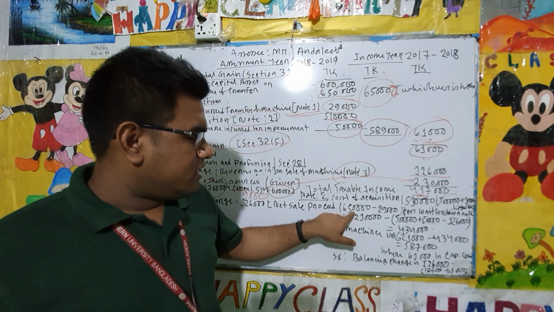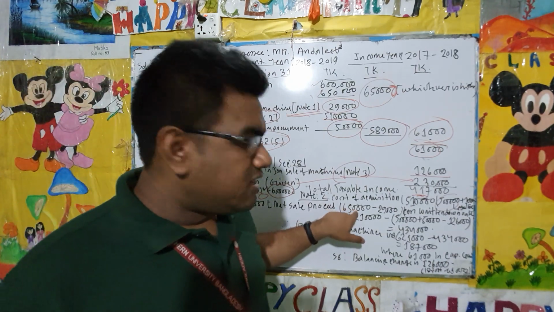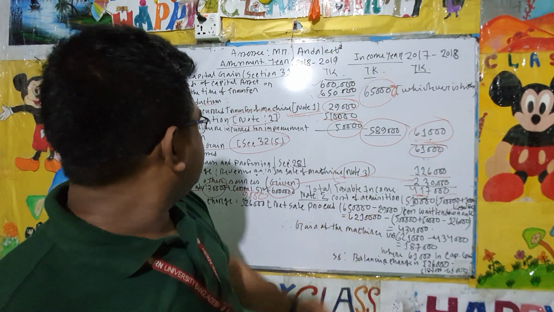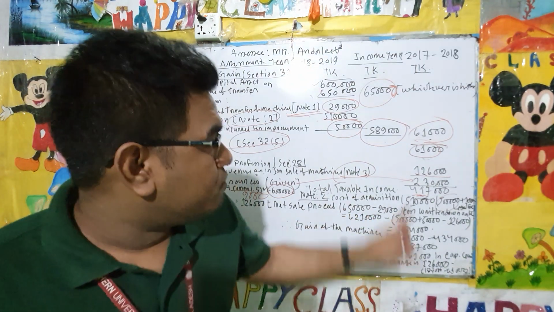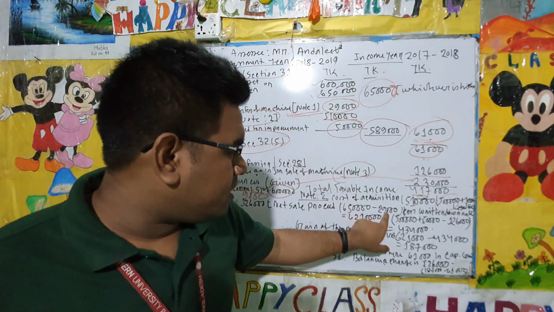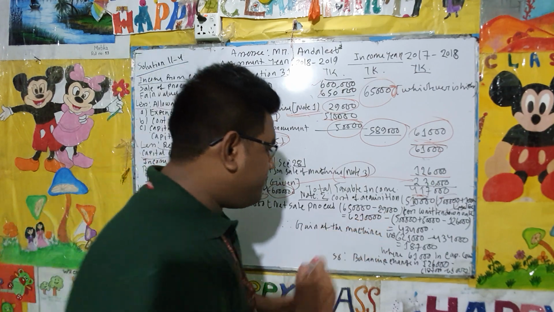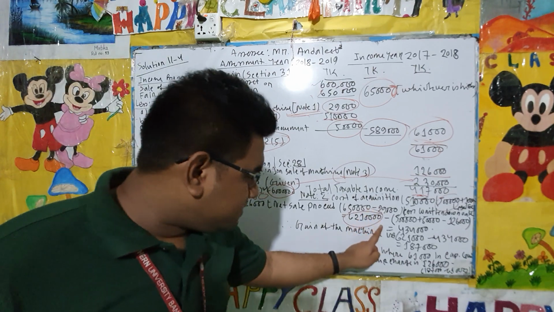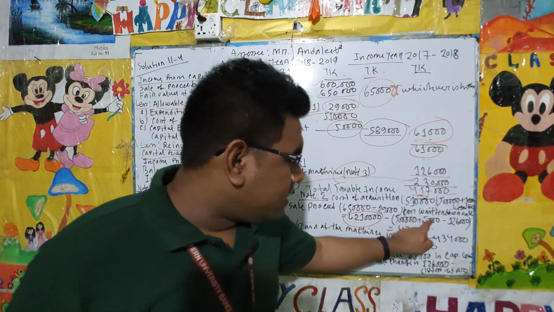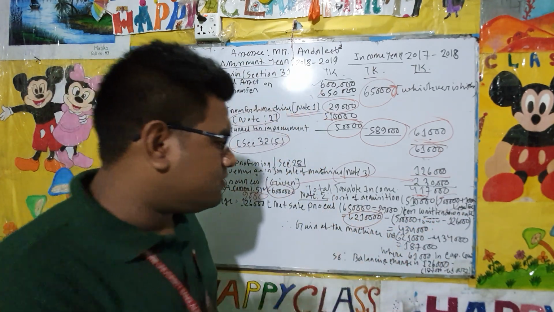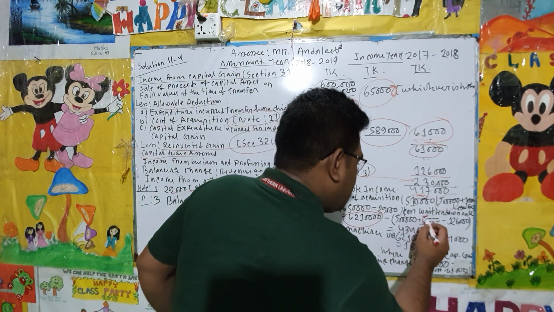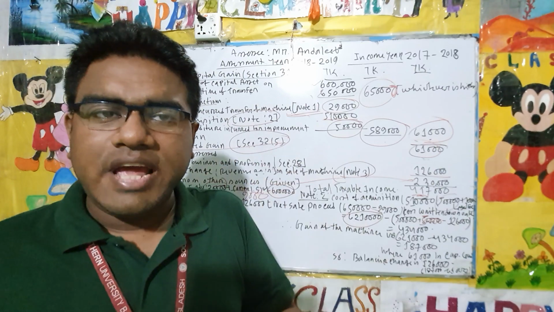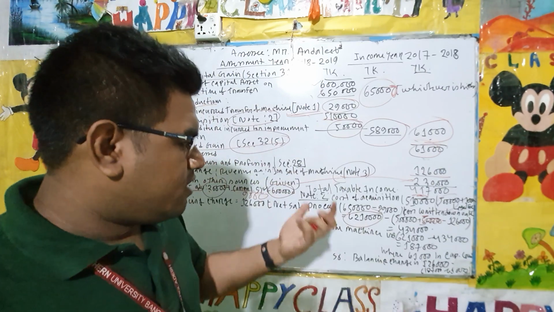So we have sold at 6,50,000, where the transfer fee from note 1 is 29,000. So the balance is 6,21,000, less the written down value. Written down value means how much the machine owed and how much we can write down.